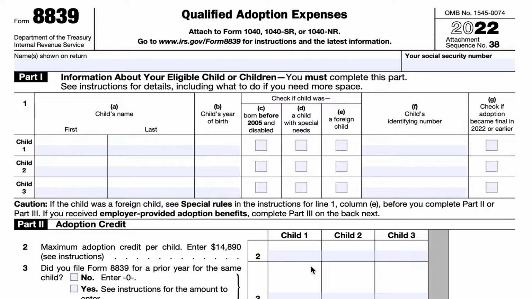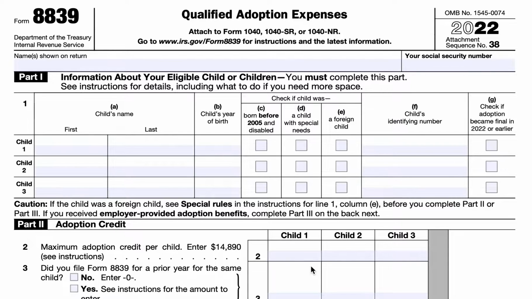This amount begins to phase out if you have modified adjusted gross income in excess of $223,410 and is completely phased out for modified adjusted gross income of $263,410 or more.